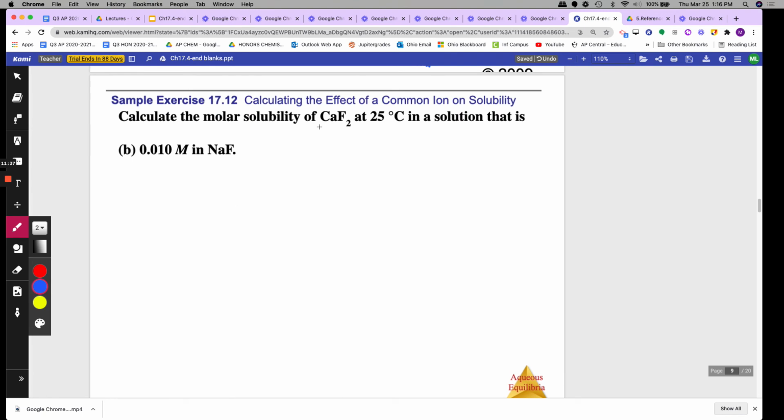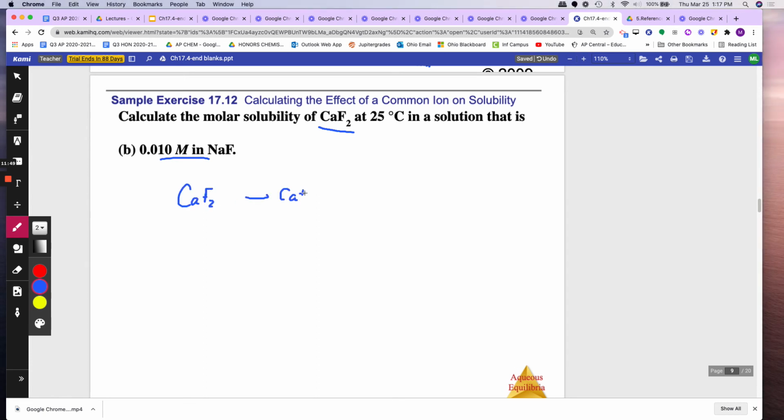Calculate the molar solubility of CaF2 in a solution that has some NaF in it. So write the equation, CaF2, Ca plus 2 plus 2F minus 1. This is NaF, so you have some F minus in there, which is 0.01.